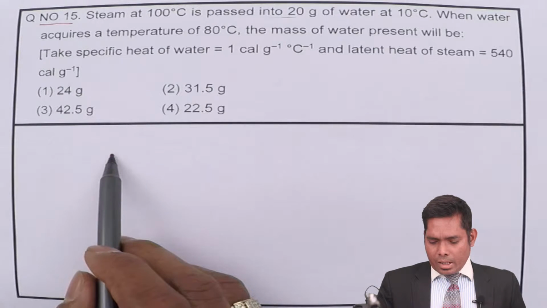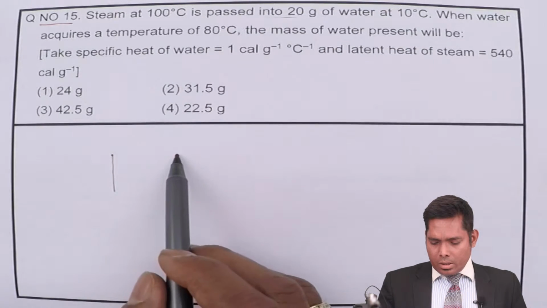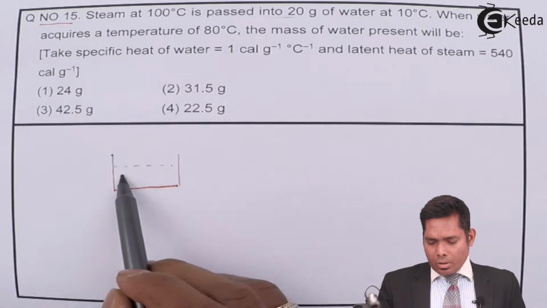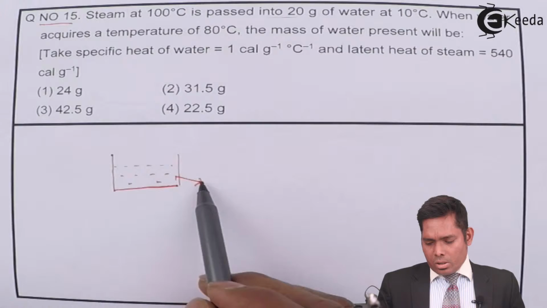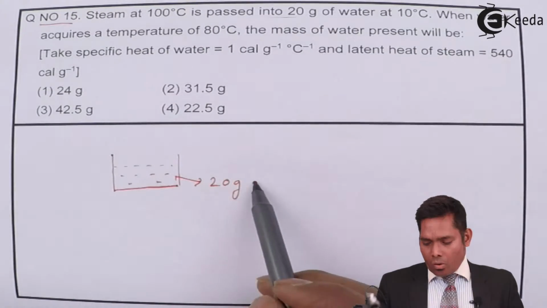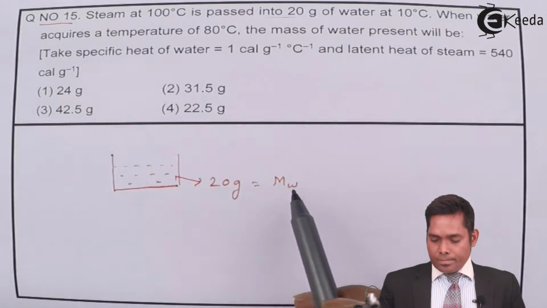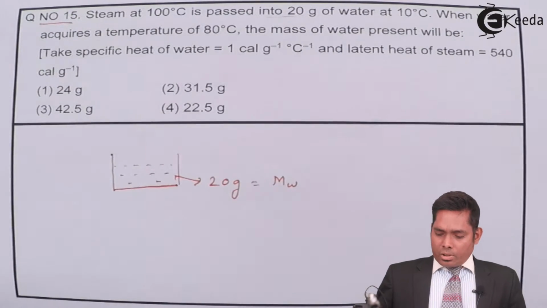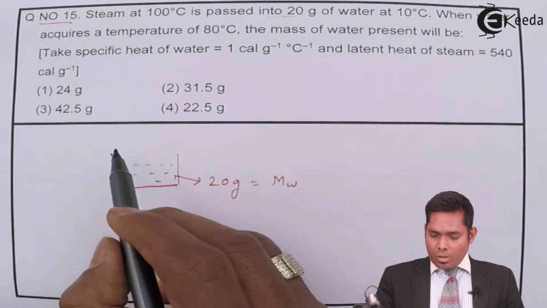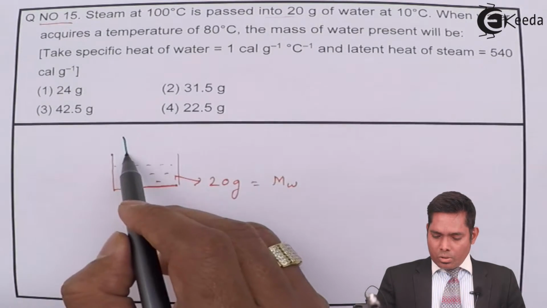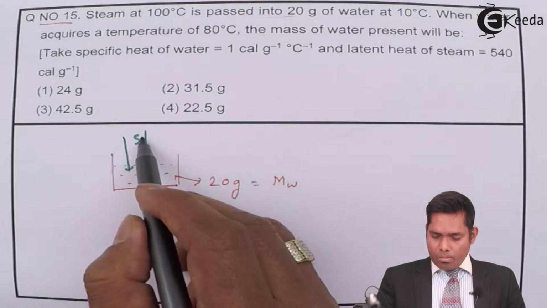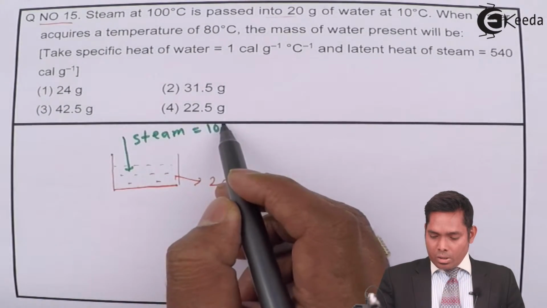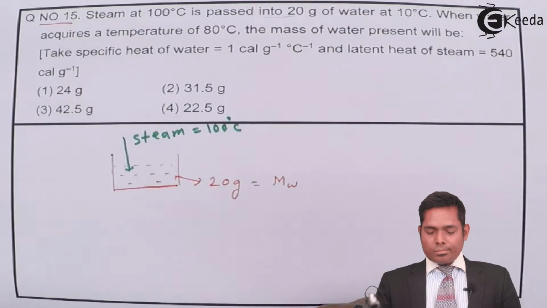So here I will say that water is there, and that is 20 gram of mass of water. And what is passed is steam, and it is at 100 degree centigrade.